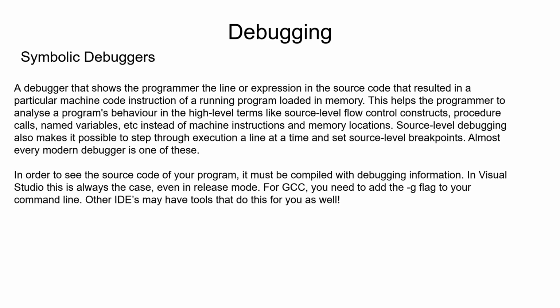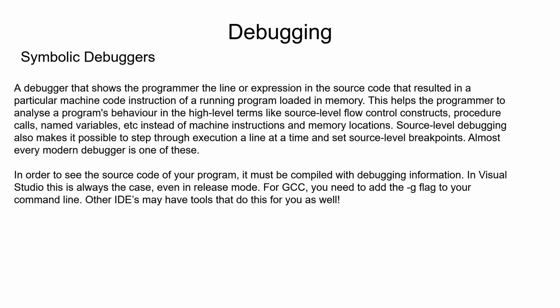In non-symbolic debuggers, you'll usually just end up seeing the assembly code, which isn't particularly helpful for figuring out what's going wrong in the code you wrote, as opposed to the code the compiler made for you. And because we tend to think in terms of our own source code, being able to see the code as it's running is the preferred way of debugging it.